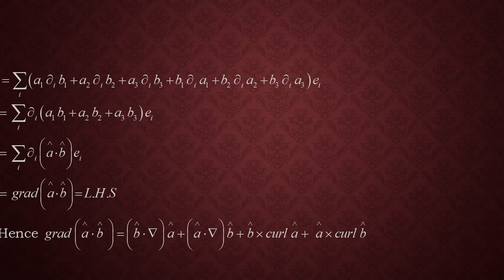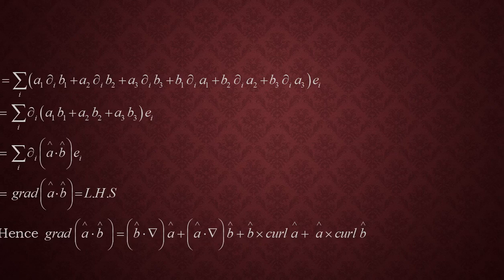If we substitute these things, we get RHS equals summation sigma over i of doi of A1 B1 plus doi of A2 B2 plus doi of A3 B3 times Ei. We can take out doi here. Then we get RHS equals summation sigma over i doi of A1 B1 plus A2 B2 plus A3 B3 times Ei.